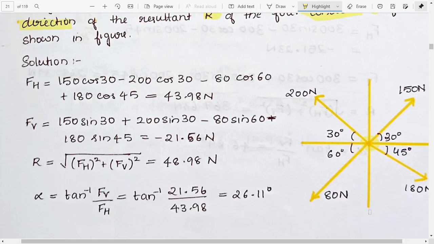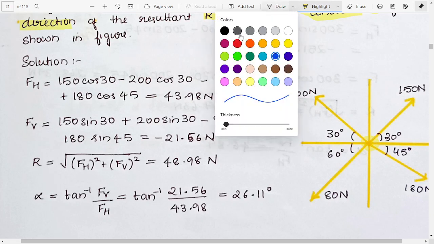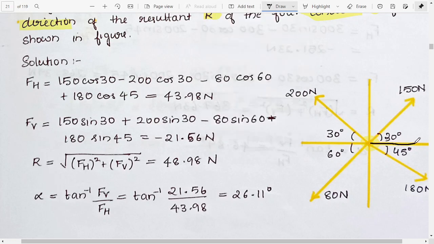So this is our diagram. Here we are having 150 Newton this side. So we can resolve this force into two directions, one in this direction and another in this direction.